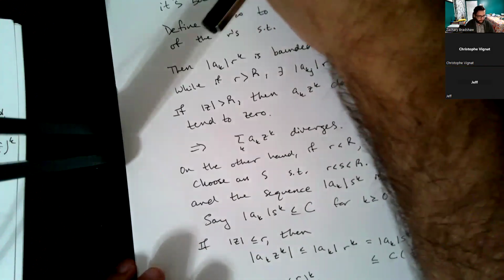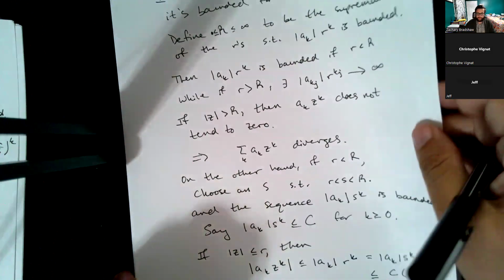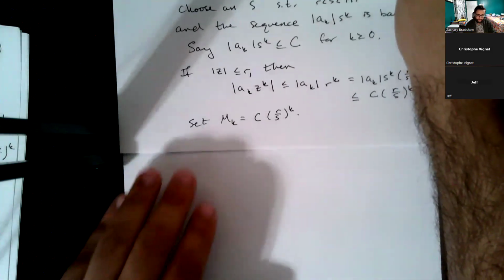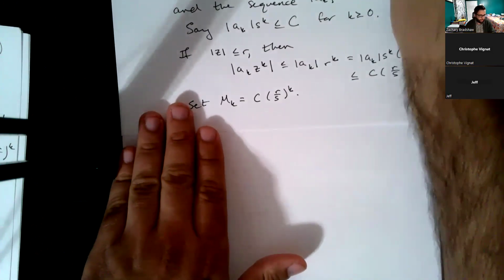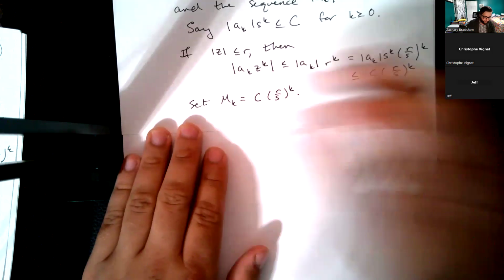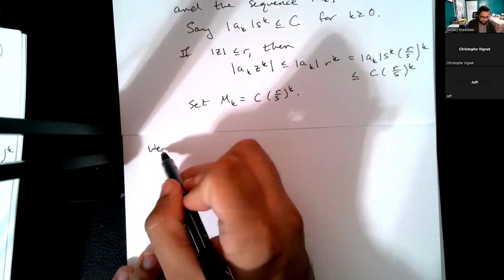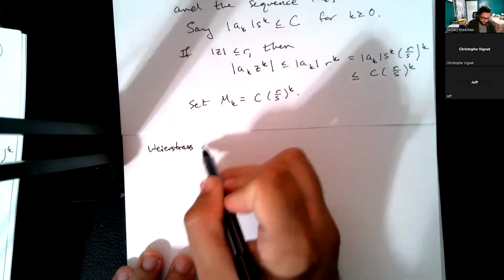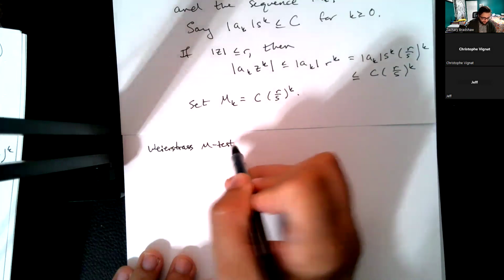And then we're going to apply the Weierstrass M test, which I'll scoop up from our Calculus 2 course. So if you don't remember, the Weierstrass M test looks like this.